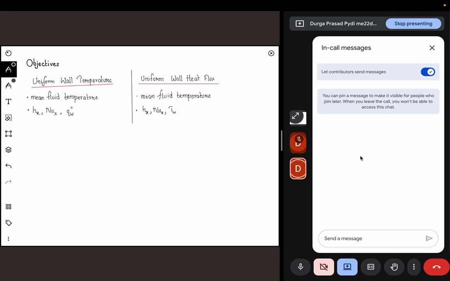Or you can also have a system where you have a separate control that will continuously monitor the temperature and then increase or decrease the heat so that the temperature is maintained constant.